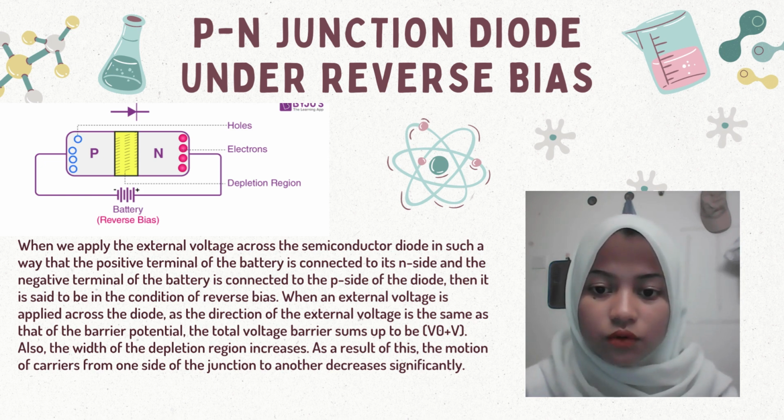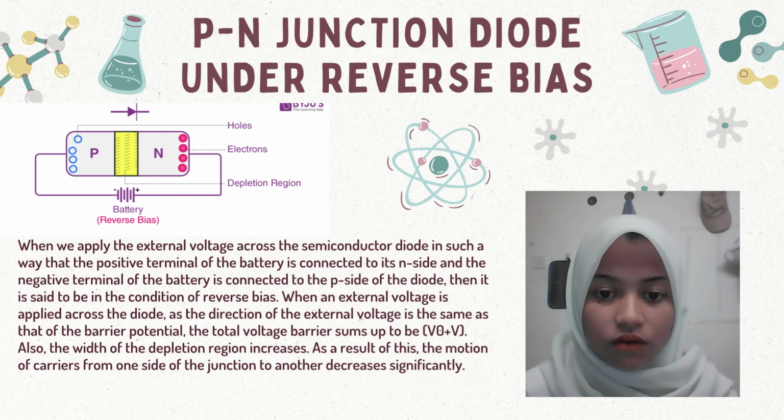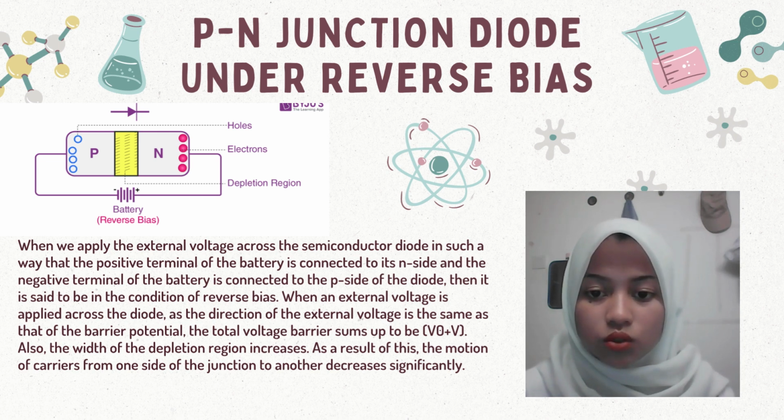As the direction of the external voltage is the same as that of the barrier potential, the total voltage barrier sums up to V0 plus V. Also, the width of the depletion region increases. As a result, the motion of carriers from one side of the junction to the other decreases significantly.